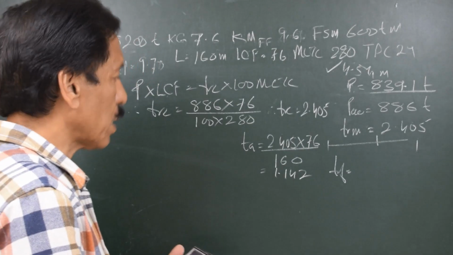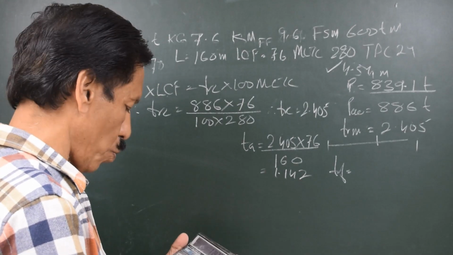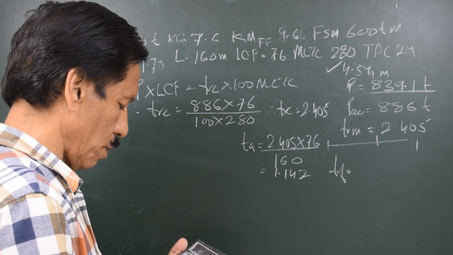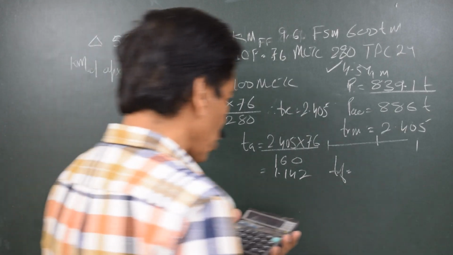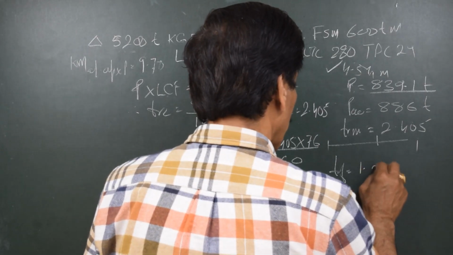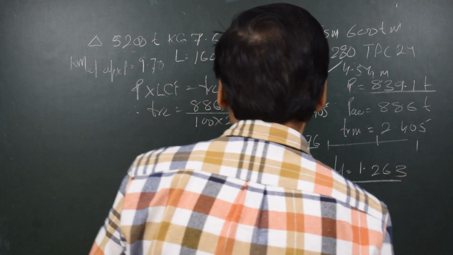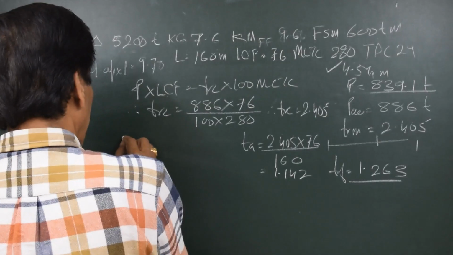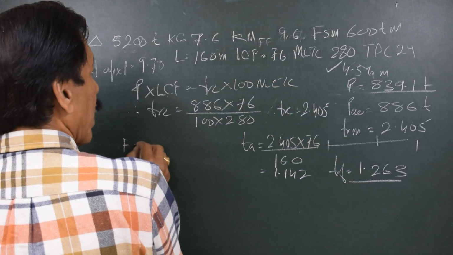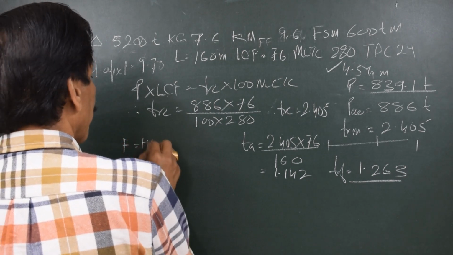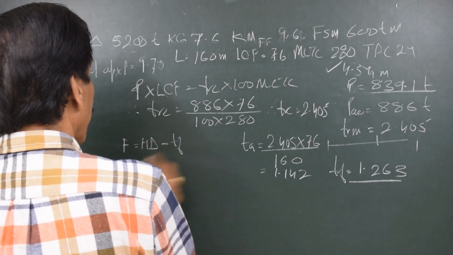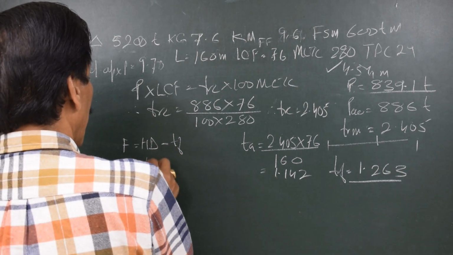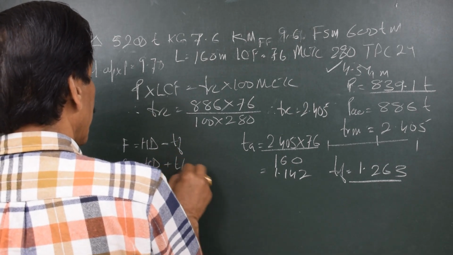So I subtract this from the total trim, 2.405, gives me 1.263. So now the initial forward draft will be hydrostatic draft minus TF, and aft draft will be hydrostatic draft plus TA.